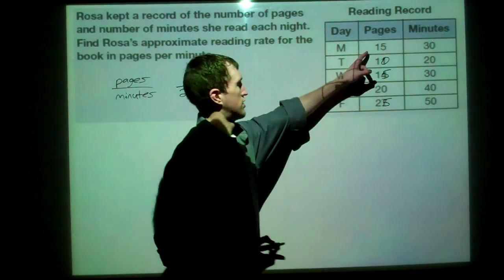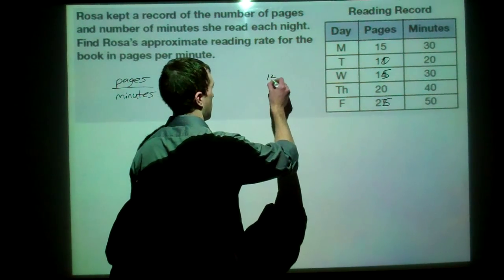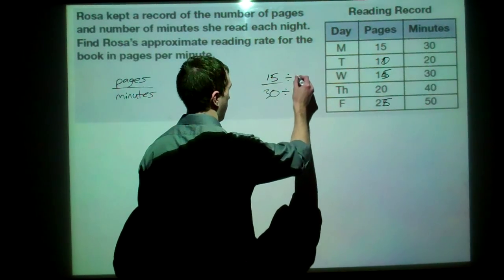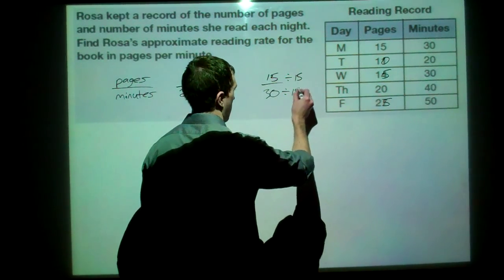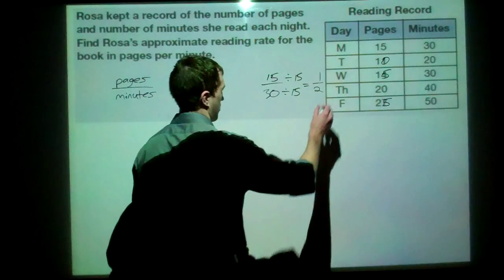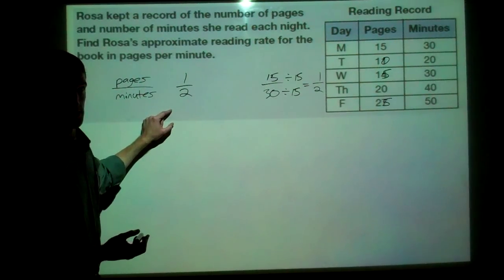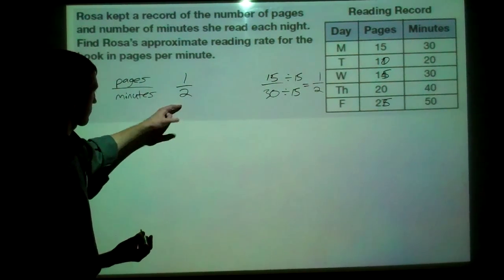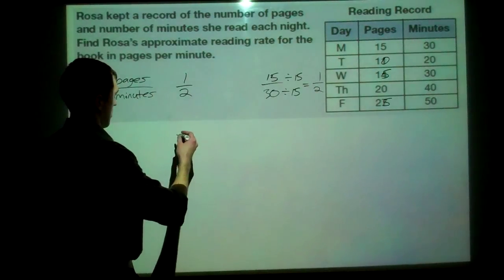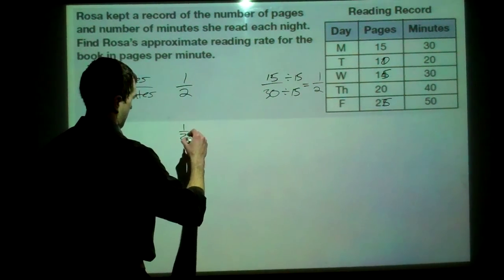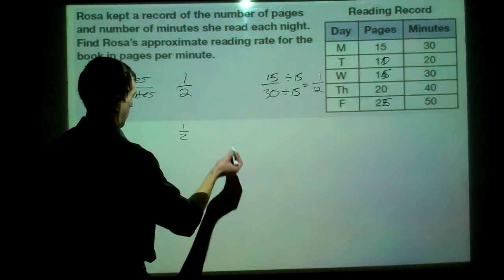Just take any one of these, 15 pages over 30 minutes, and if we divide by 15, you get 1 to 2. So your ratio is half. One page every 2 minutes, which essentially says that we're going to get half of a page read every minute.